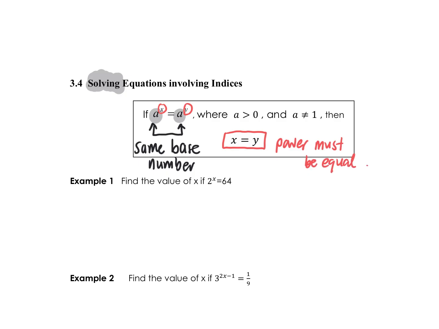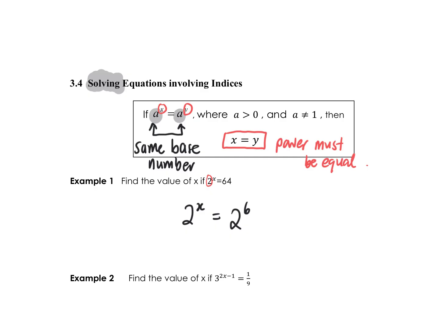Okay, so what we can do is this. This is base 2 already. I need my 64 to be changed to base 2. So can you tell me, 64 is 2 to the power of what? 2 to the power of 4. No, it's 6.